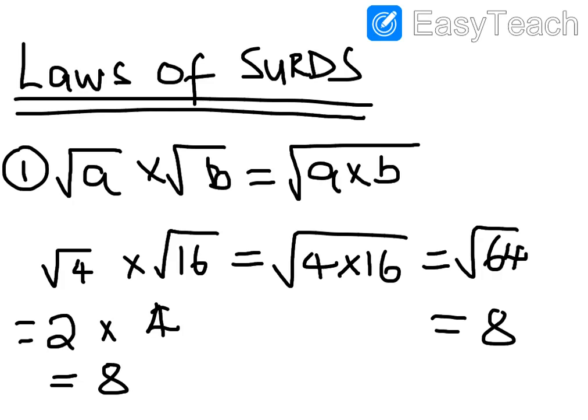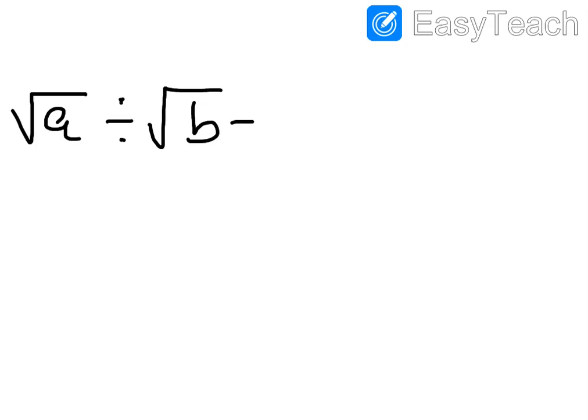Okay, let's move to the second one. The second one says square root of a divided by the square root of b equals the square root of a divided by b. We can just look at it again.